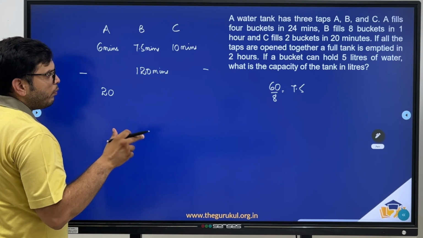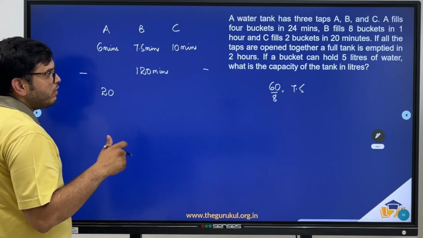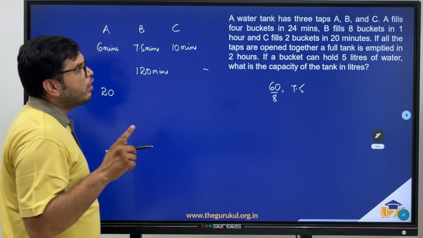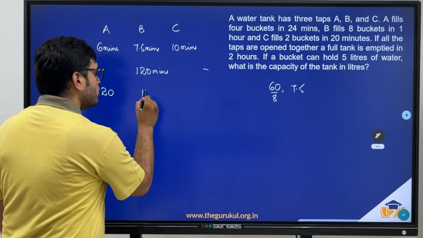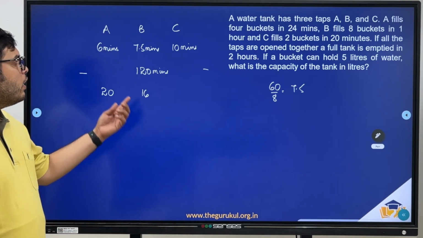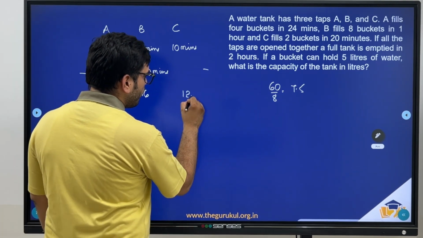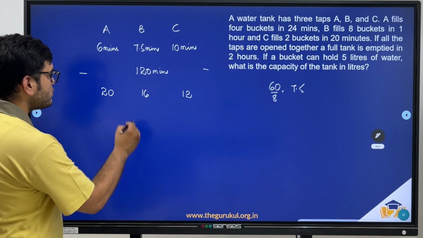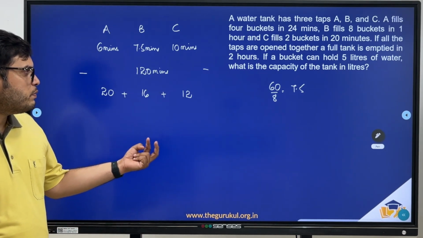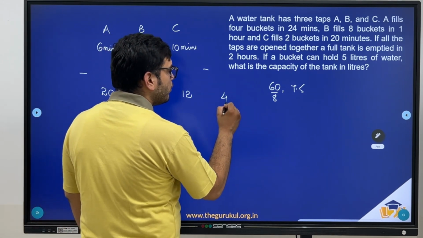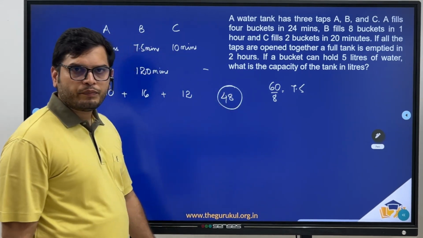Now, B can fill how many buckets? 120 by 7.5. 120 by 15 is 8, 8 into 2, 16 buckets. Now, C can fill 12 buckets. So in these 2 hours, a total of 20 plus 16, 36, 36 plus 12, 48 buckets were filled.